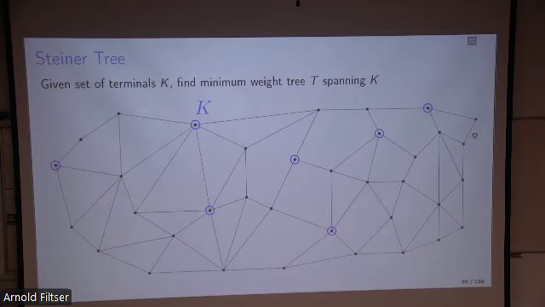A more complicated version is called Steiner tree. In this case, in addition to the graph, I also get a subset of terminals, denoted here by K. The goal is to find a minimum weight tree, or forest in this case, that spans all the terminals. For non-terminals, you can either span them or not.